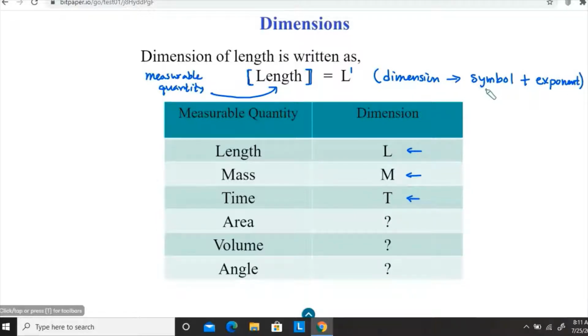So it's not only the symbol, but always look for the exponent as well. So as I told you, these are three examples, length, mass, time, which will cover most of the measurable quantities that we discuss in our course. These are called the base dimensions, the more fundamental ones.